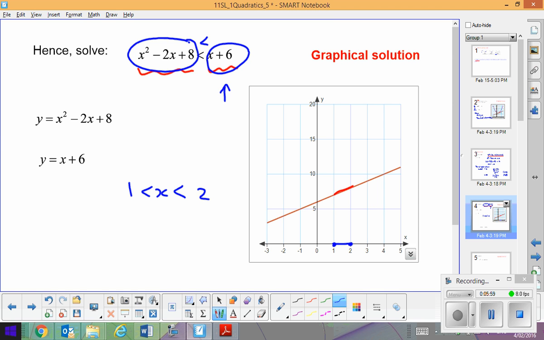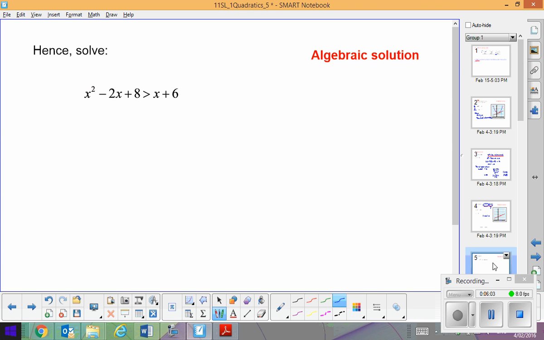If, however, you are in a non-calculator situation and it said the same question, hence solve this inequality, you would go through the same procedures we did before. x squared minus 3x plus 2 is greater than 0. Factorise it.